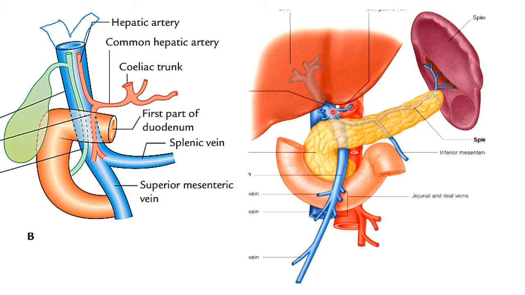The portal vein is formed behind the neck of the pancreas by the union of the superior mesenteric vein and the splenic vein at the level of L2 vertebra.